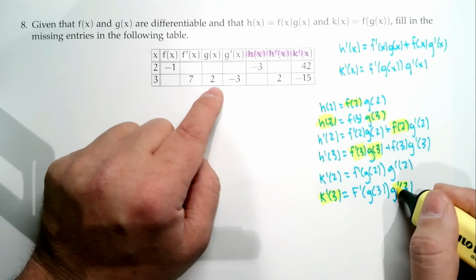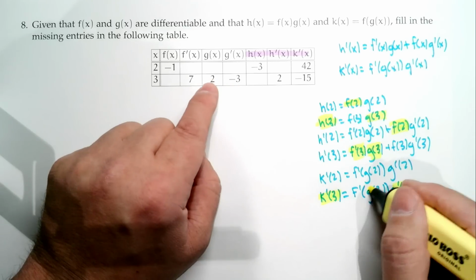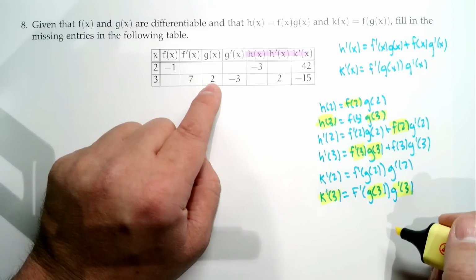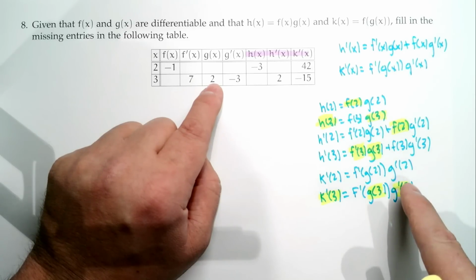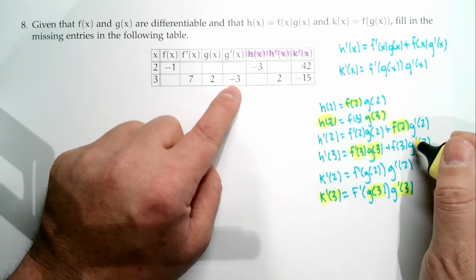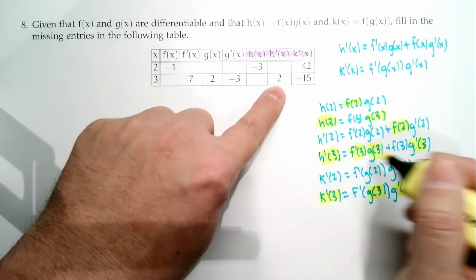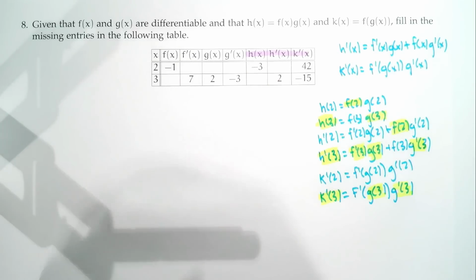We know g prime of 3, so that's good. g of 3 actually shows up here. g prime of 3 also shows up here. And we know h prime of 3, and we know k prime. Okay, I think that's what we know right now.